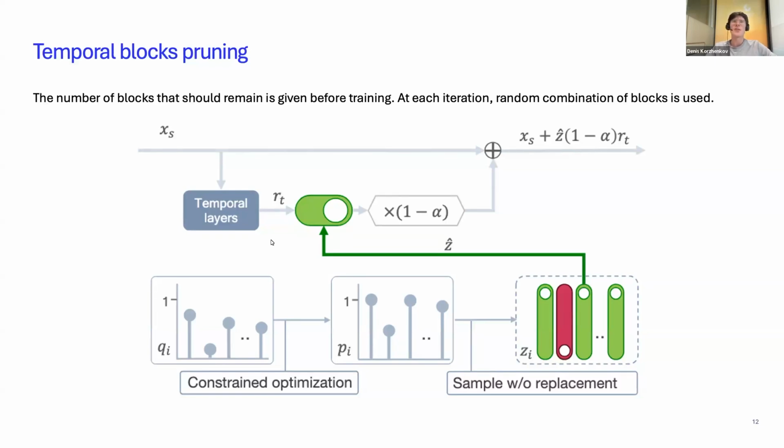And after that, we apply these discrete gates as an additional multiplier in this residual branch of the temporal block. And by using this technique, we are able to learn the n blocks which should remain in the network. And we learn this in an end-to-end fashion.